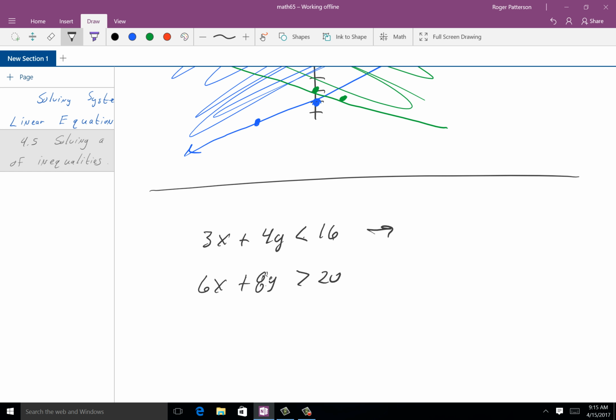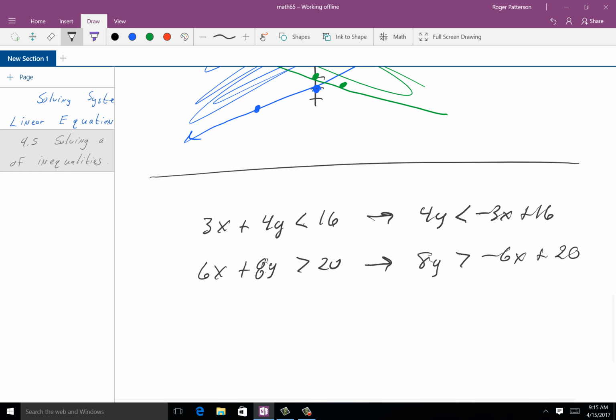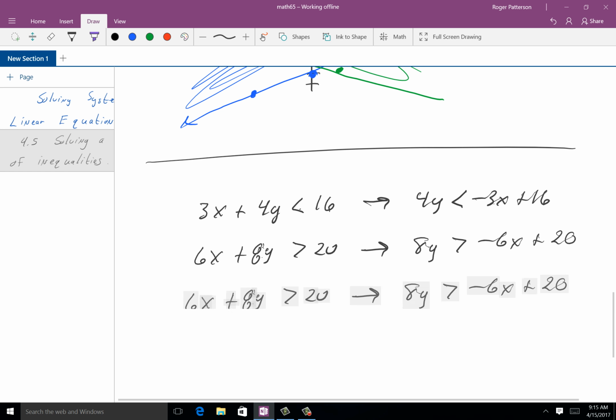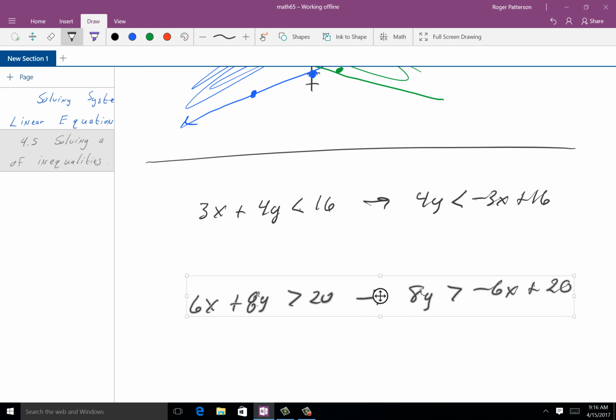Okay, I'm going to solve this one for y. Solve this one for y. Solve this one for y.